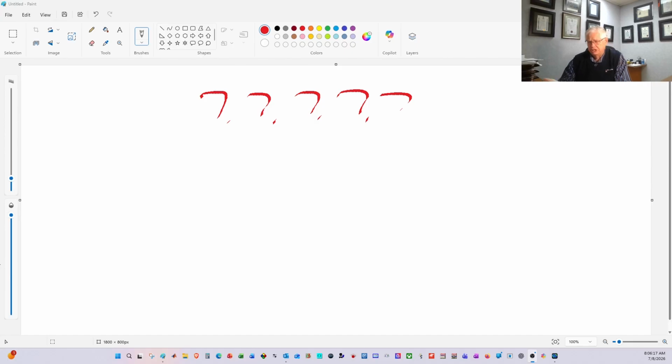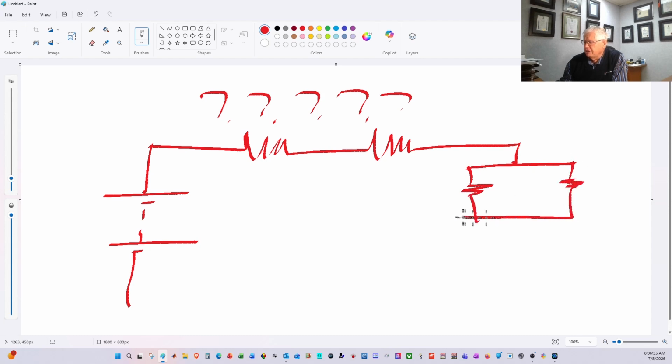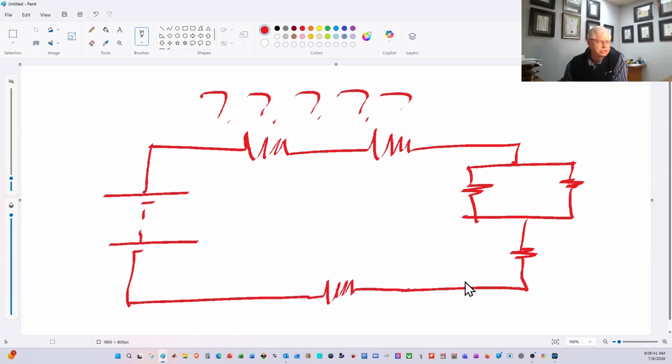Well, if you go back to your days at university or college, you would recall that if we have a supply of voltage, and if I was to have numerous sources of resistance put into a circuit, then the basic rules say that the current which flows at any point in that circuit is going to be exactly the same as the current flowing at another point of the circuit.